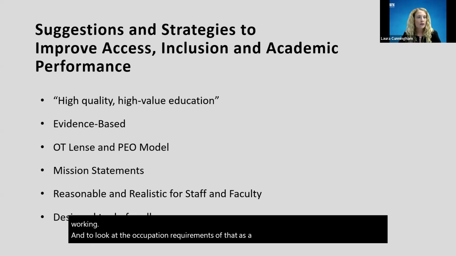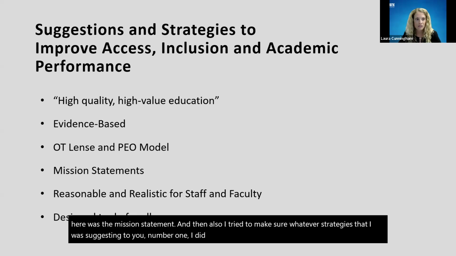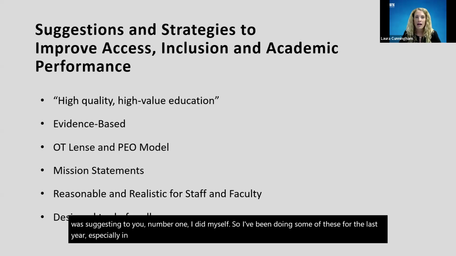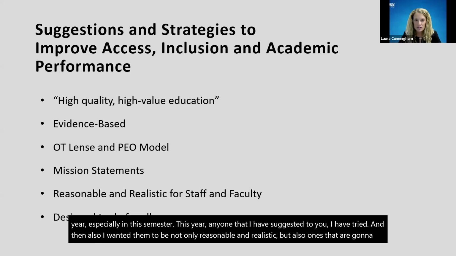The other piece I looked at here was the mission statement. And then I tried to make sure that whatever strategies I was suggesting to you, number one, I did myself. I've been doing some of these for the last year, especially in this semester this year. Any one that I've suggested to you, I have tried. And then I also wanted them to be not only reasonable and realistic, but also ones that are a little bit quicker to do.